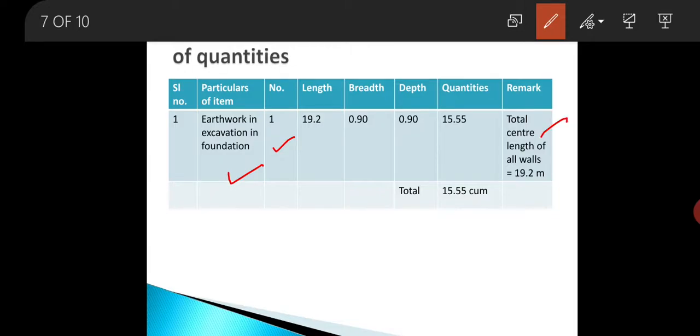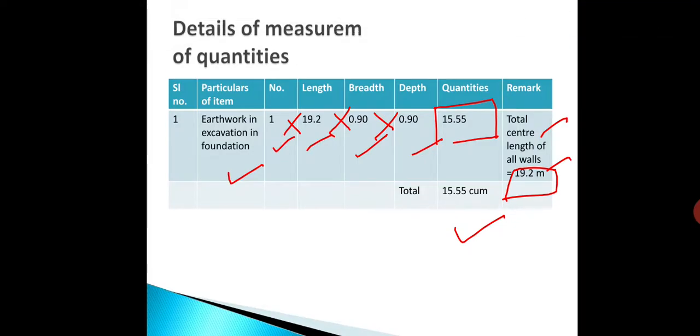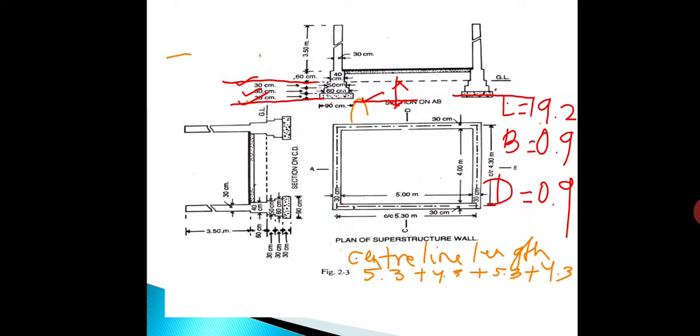Length is equal to the total center line length, as we have calculated, which is 19.2. Breadth of excavation is 0.9, depth is 0.9. Then by multiplying these, we will get the total quantity as 15.55 cubic meter. Okay. So earthwork in excavation in foundation is over. Then we will move to our cement concrete work in foundation.